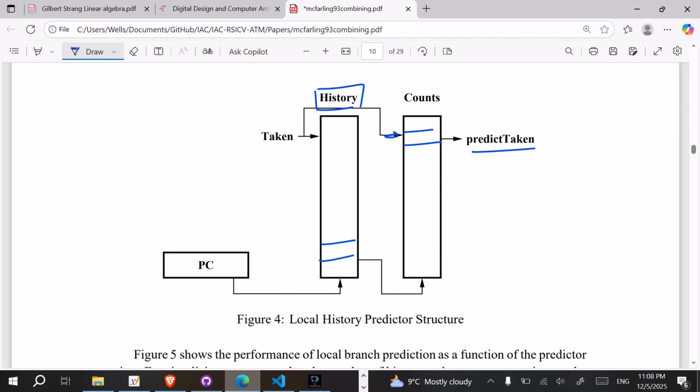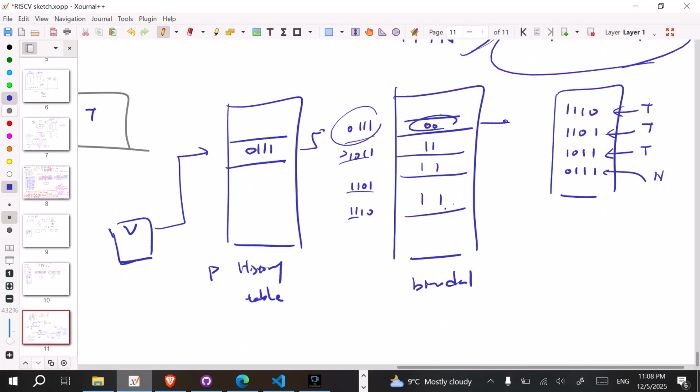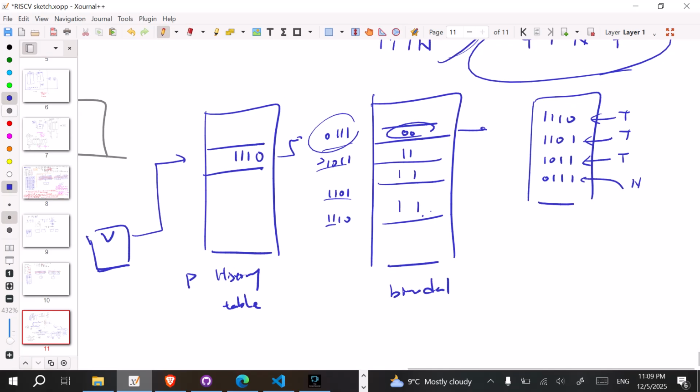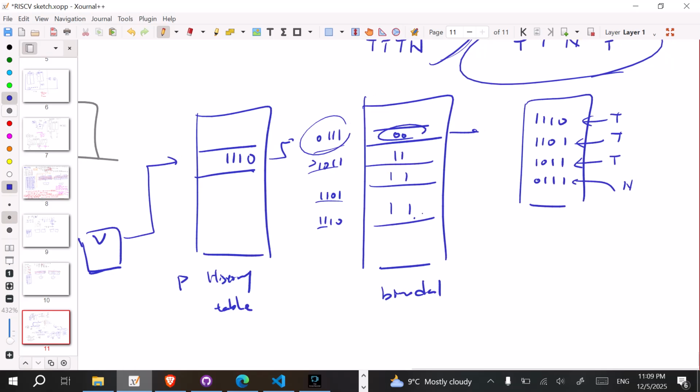But then let's talk about the update instead. Every time you want to do some updates here, of course, you're first going to give it back the taken result. This taken result will be the same as telling me I need to fetch in both the PHT and also the bimodal table. Why is that? Because if I say the next is not taken, I have to put a 0 here and then remove the least recent result.